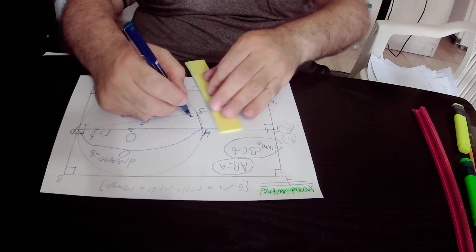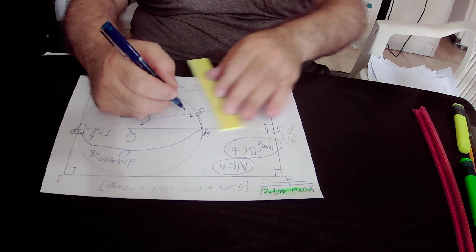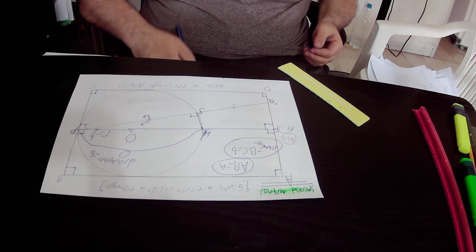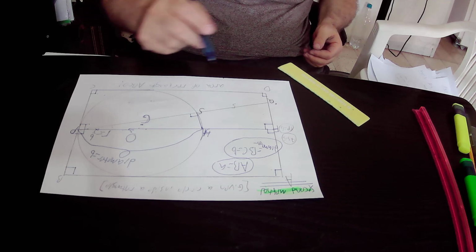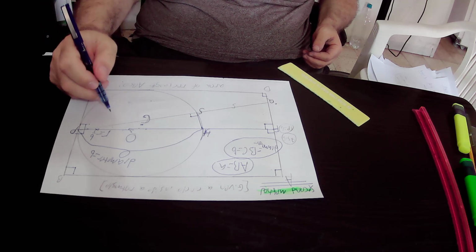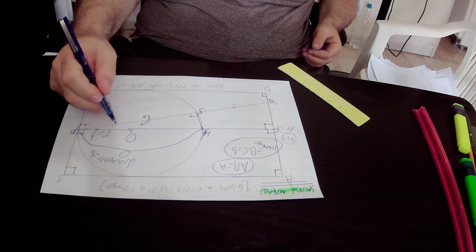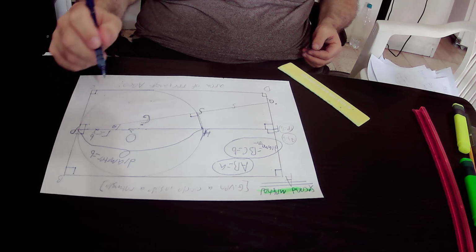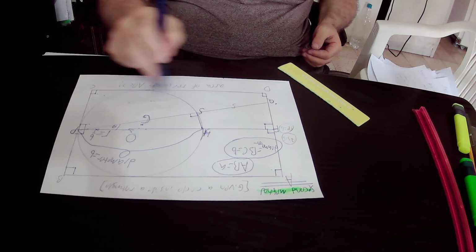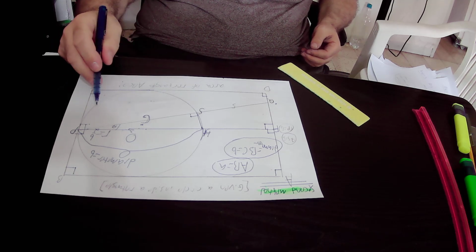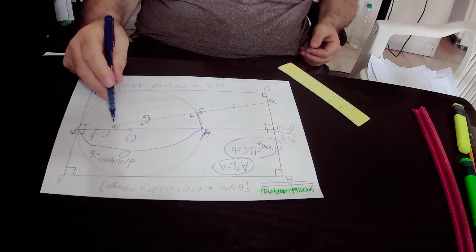Okay. So we will define angle SPH as theta. We focus on triangle HSP. The right triangle HSP, this angle equals theta.